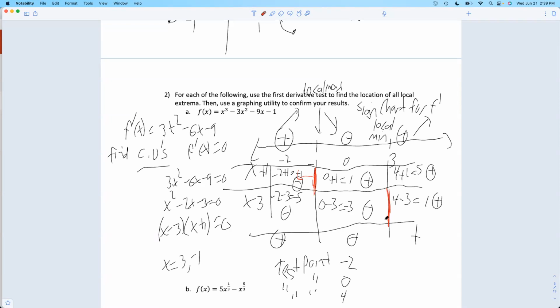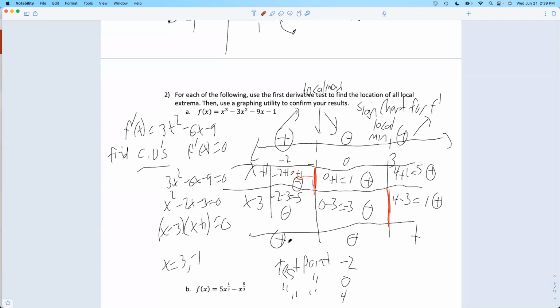It's going to switch over at the place that makes it 0. So drawing these sign charts, you can do them in 5 seconds. He's going to go negative, negative, positive, switch at 3. And you'll see, I'm going to do a bunch of examples. You'll see the quick way to do these. You can always do test points, but you don't have to.